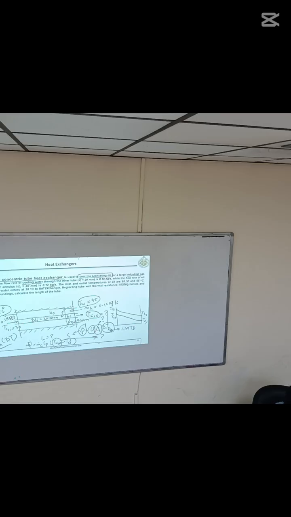Now everything is known here, and the only unknown is pi d L. Which pi d, inner or outer? The inner, because heat is transferred through the inner pipe. So this is pi d i times L, and from here we can find L. That is the whole procedure. The solution is then just putting in values.